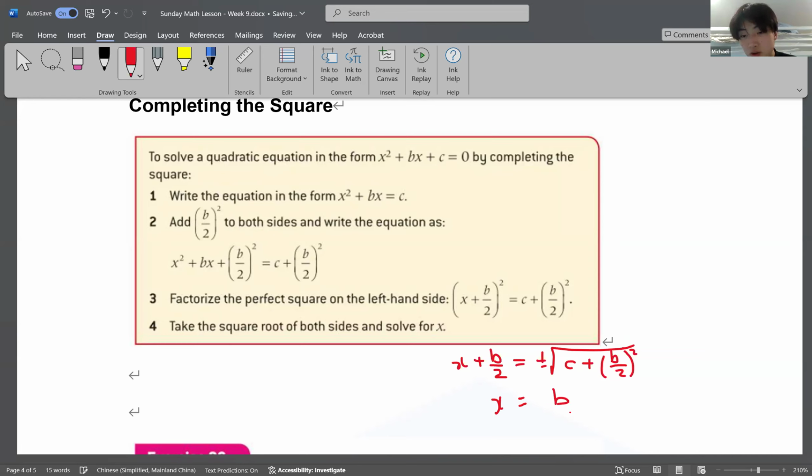We have b over 2 plus or minus square root. Wait, why is it not negative b over 2? You're right, it should be negative b over 2, plus or minus the square root of c plus b over 2 squared.